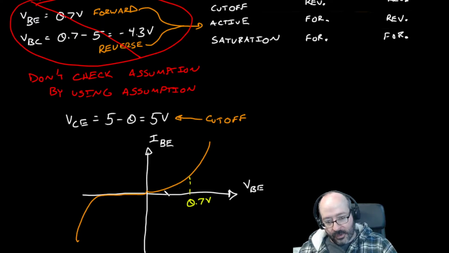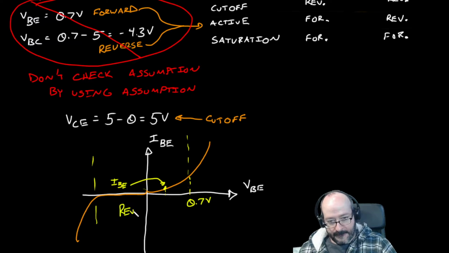But we're not allowing enough current to flow, so we're never going to hit that 0.7 if we don't allow current to flow. So in reality, we're going to be down here, and that's going to be our actual VBE.